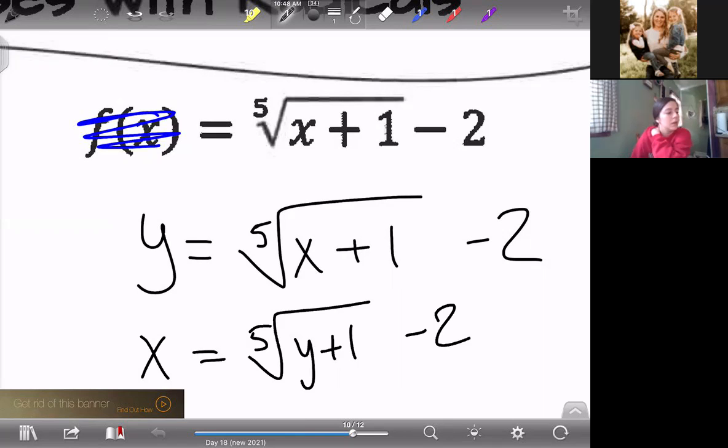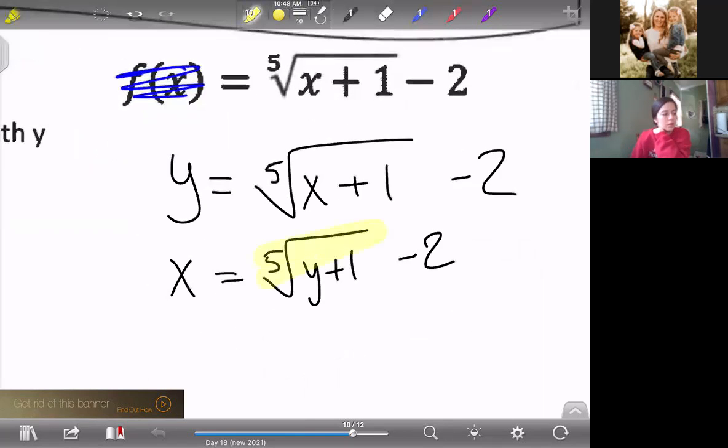In order to solve for y, I now need to get the 5th root by itself. So before I can cancel out that 5th root, I've got to get rid of that 2 that's hanging out at the end by adding 2 to both sides.